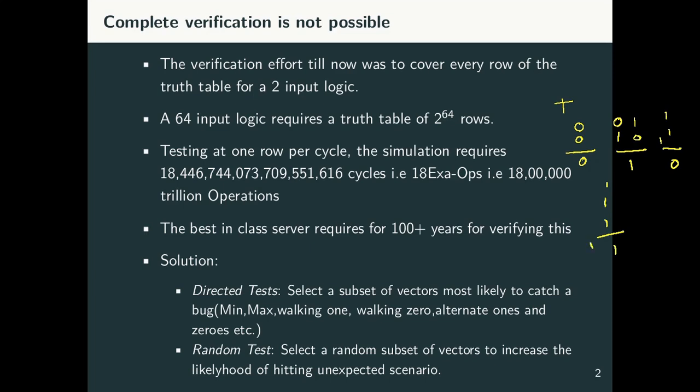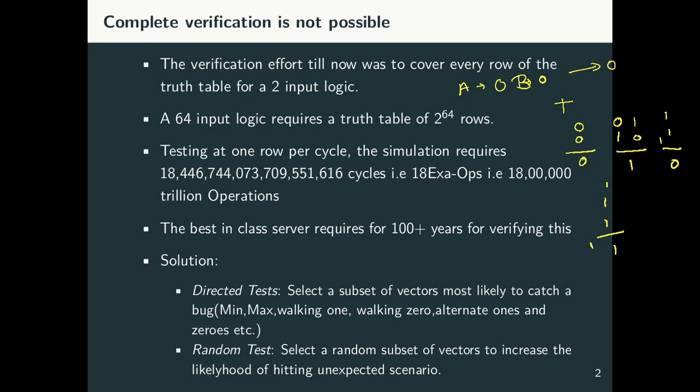So given these combinations, we can say that my A input is 0, my B input is 0, and we can see whether the output of this adder is 0.